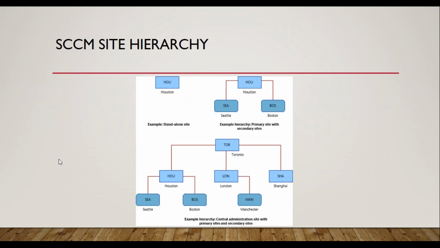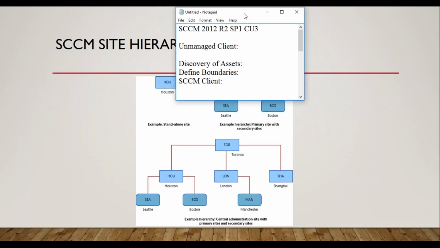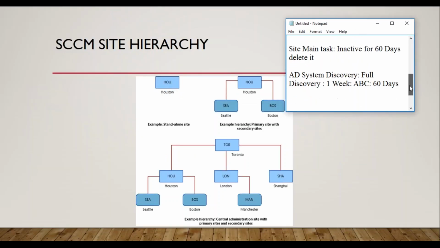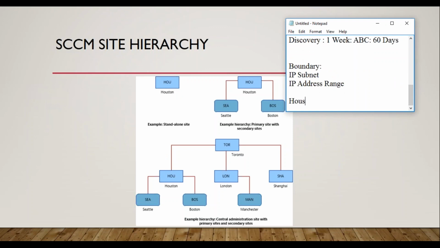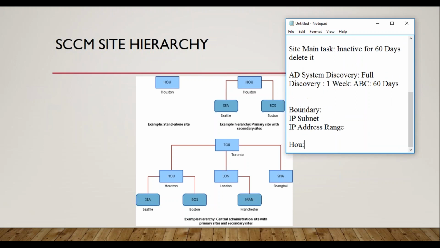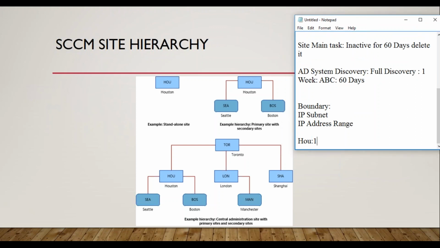Okay, let me pull up a notepad as well. Guys, can you give me some IP addresses for each of these locations? Houston, can anyone give me an IP address range? Okay, 192.168.12.1 to 192.168.12.255. So this is in Houston.